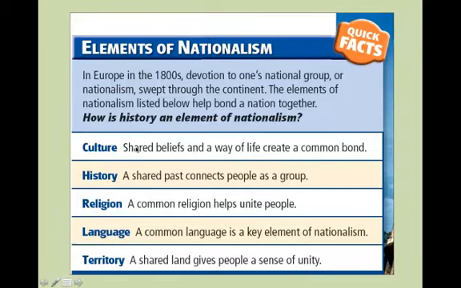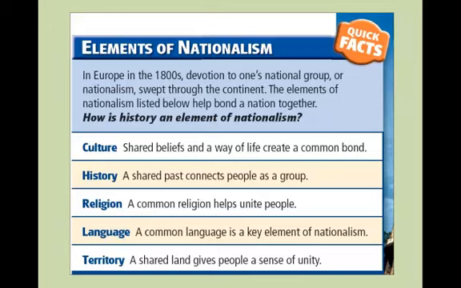Their culture, like the shared beliefs, possibly the way of life. Maybe their beliefs about human rights. It could be anything from food to language, their common history, possibly a common religion, all sorts of things that bind people together, and they identify as a nation, right?